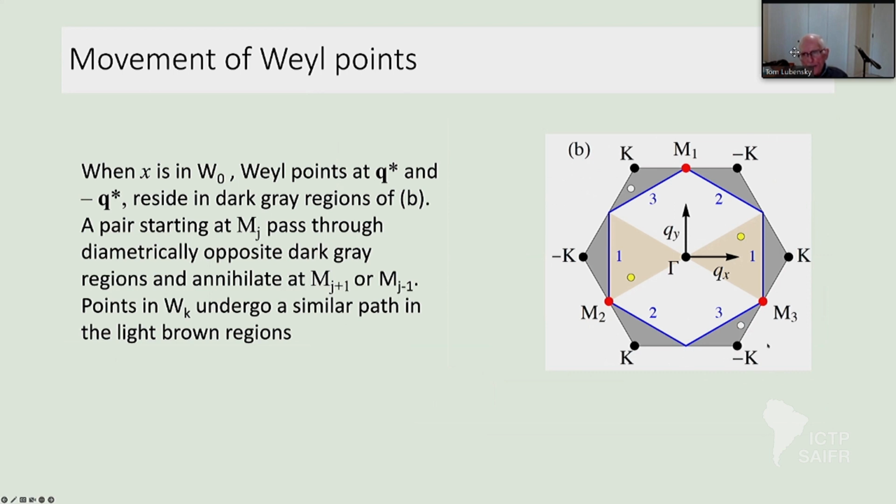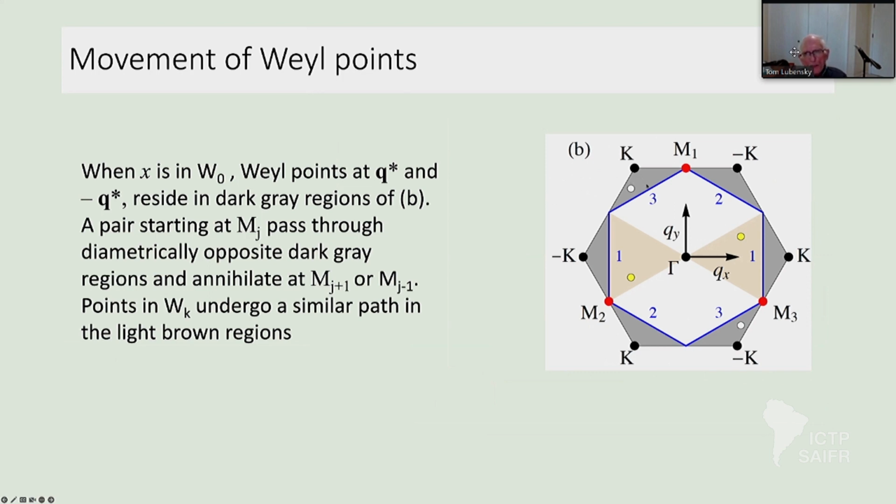In fact, they're all connected in some sense that I can turn them, well, not all of them, but a couple of them here. So a pair passing, starting in, say, the K1 region, that's up here, I mean the M1 region, go to the opposite one.